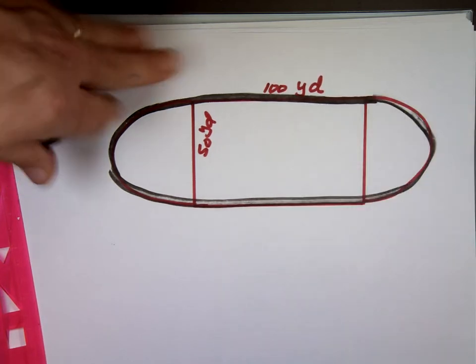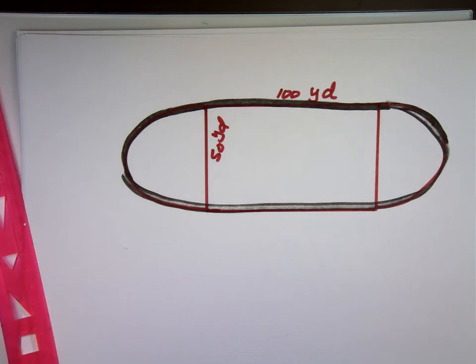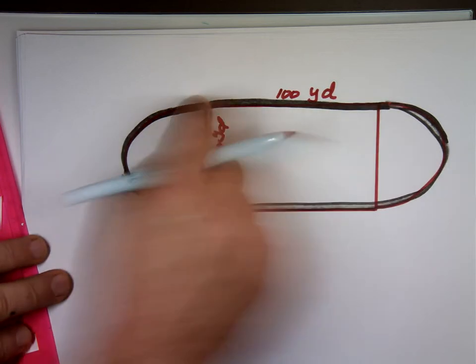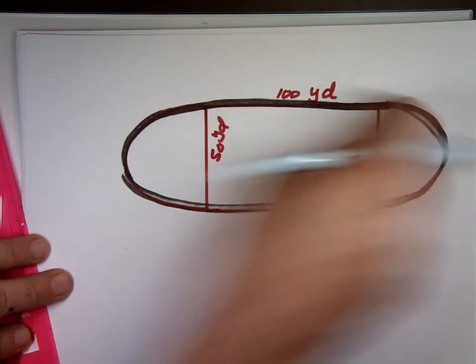So if you only do one lap, how far did you travel? Can't be two. Two if you just went this far and back. It's 100 here, 100 there. What about that little piece and that little piece?